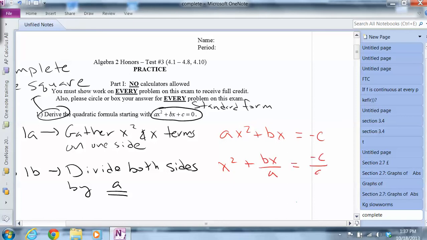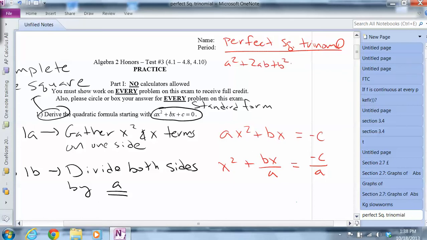Remember, the whole purpose for doing that is that we want a perfect square trinomial. Remember, a perfect square trinomial, which I'll write up here, is when you have a squared plus 2ab plus b squared equals that, a plus b squared.